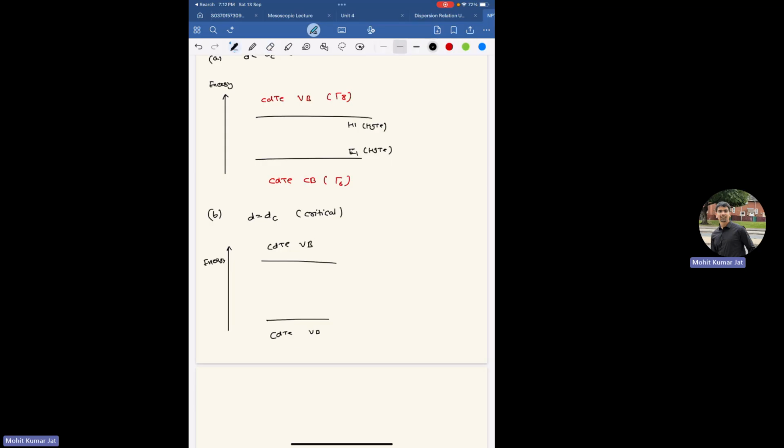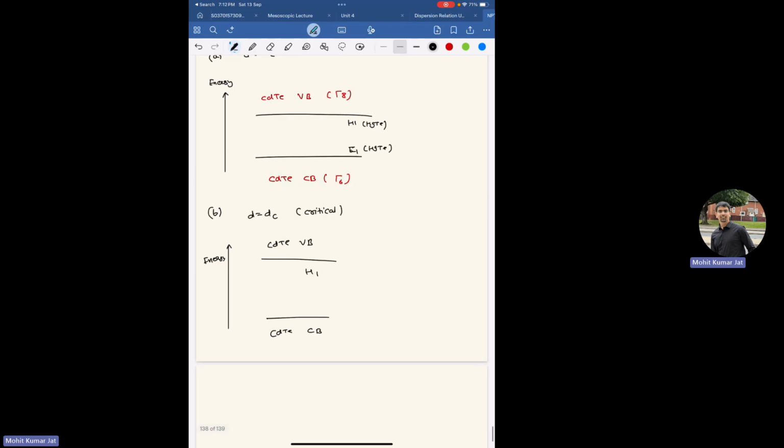This will be valence band. This will be the top part of the other side, conduction band. Then we'll be having H1 and the crossing E1 and H1 at k equal to 0. So at k equal to 0, your E1 and H1 cross. So gap closes.